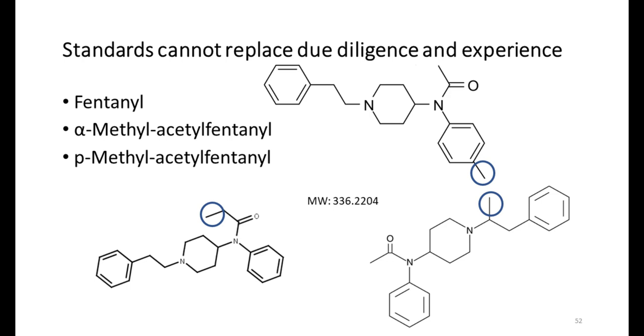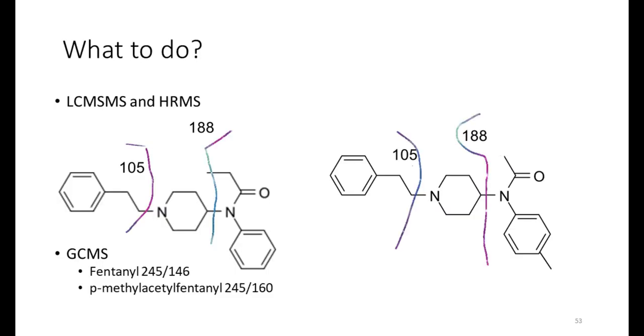Paramethylacetyl fentanyl will give you a different structure when you analyze that molecule by either high-res TOF or Orbitrap or even LC-MS from the fentanyl. However, with the fentanyl and the paramethylacetyl fentanyl, both of those techniques, even though both give more specificity and you get more points in those techniques in the system, give you the same product ions.